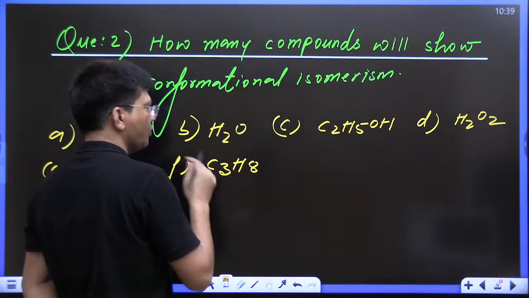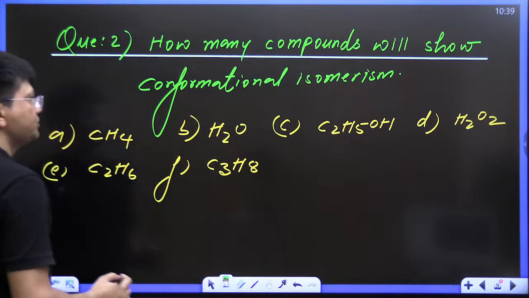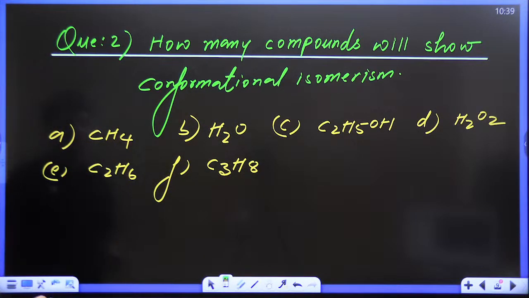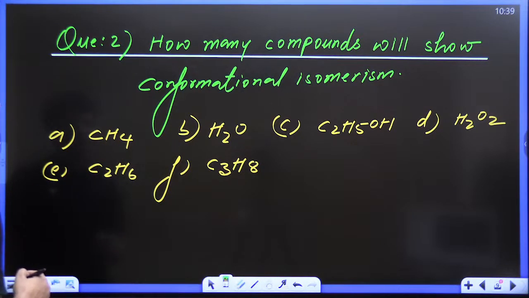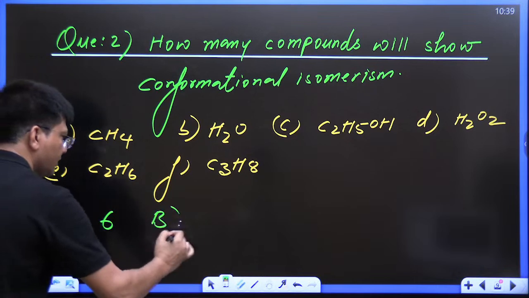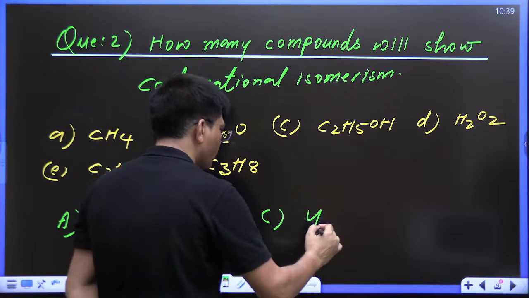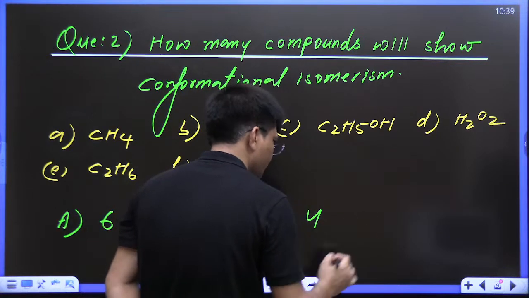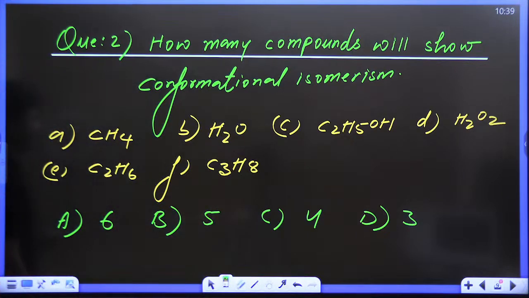Okay, these many compounds, and let me give you the options. 1, 2, 3, 4, 5, 6. So option A, 6. Option B, 5. Option C, 4. Option D, 3. So what's the correct answer? Which option are you going to mark?